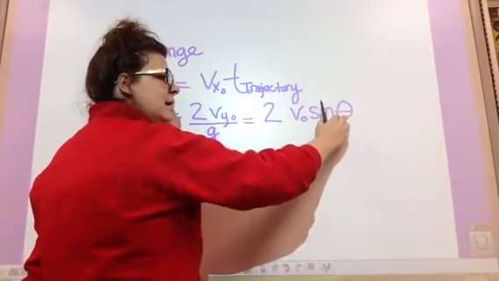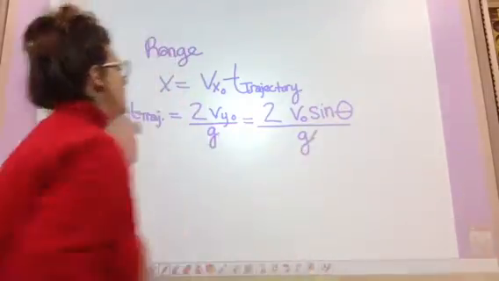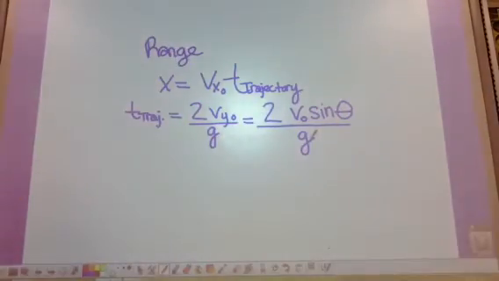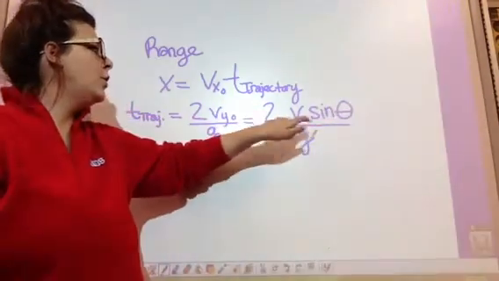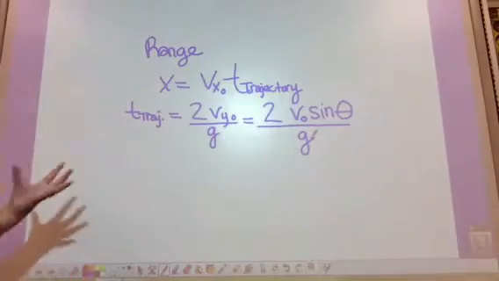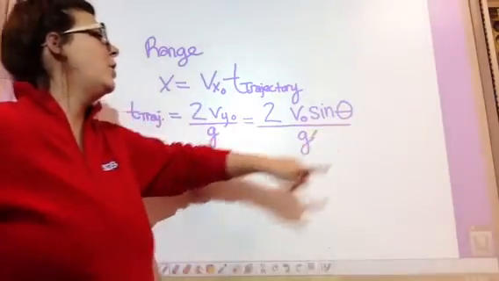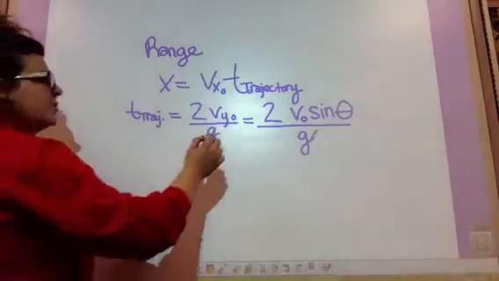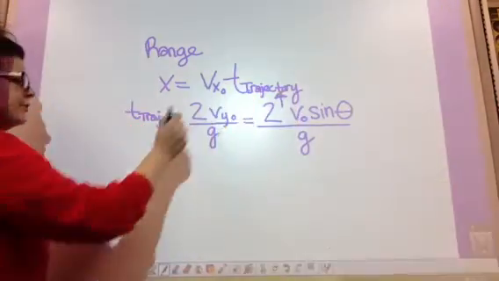So this gives me my angle for the trajectory time. So I've incorporated my trajectory time and my angle, and I've also incorporated just the initial velocity vector. I'm trying to take out the components. I just want the initial velocity vector, and then I also want to show angles. So we did that. So this is my t trajectory.